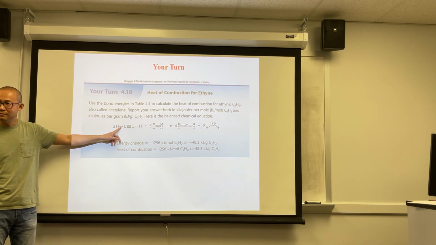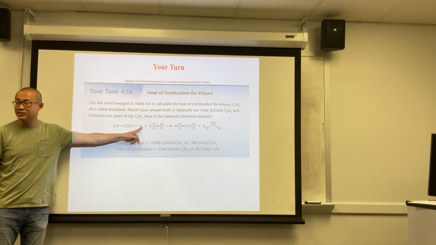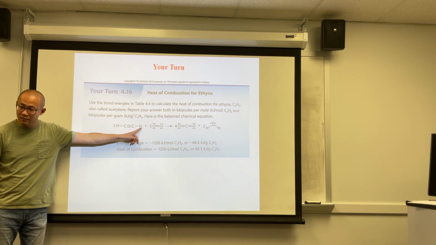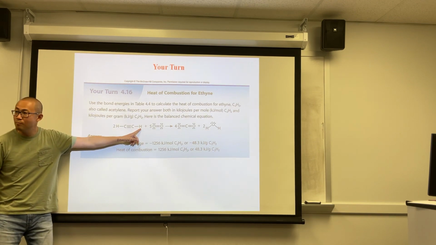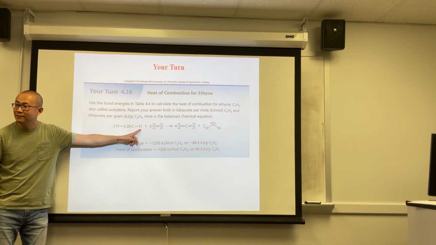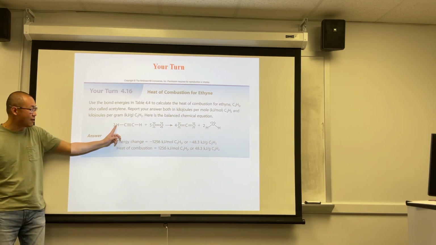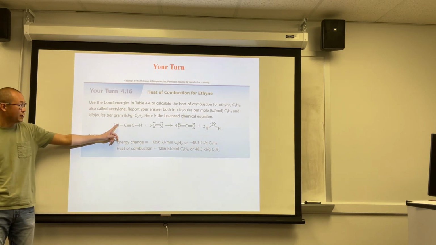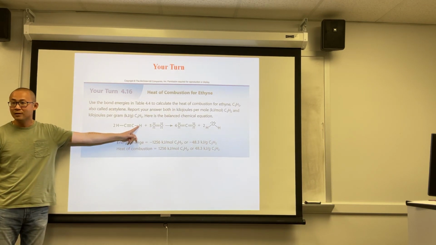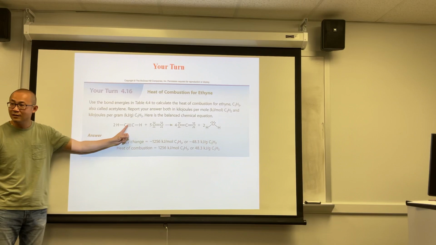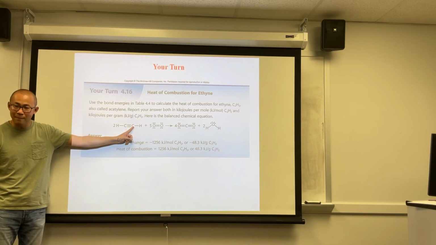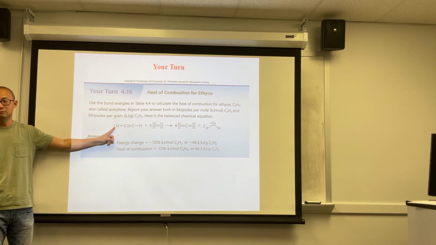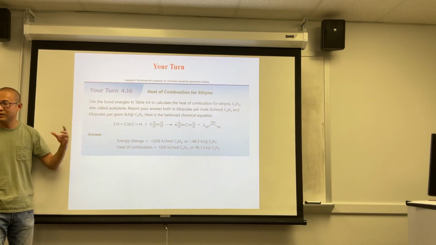CH single bonds. So when we calculate how many CH single bonds are breaking, how many? 4, because we have 2 molecules. Each one has 2 CH single bonds. Is that right? Besides that, we have a CC what? Triple bond. How many CC triple bonds? 2 as well. So again, you look for what is CH, what is CC triple bond.